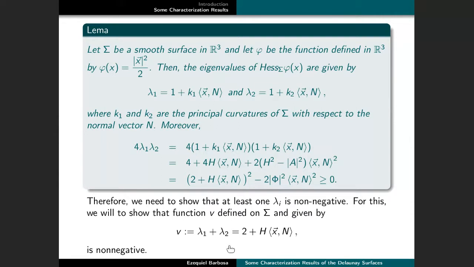We can assume without loss of generality it is a positive function. And then at least one of these eigenvalues should be positive, and then lambda 1 and lambda 2 have to be non-negative. And then the range of this function is non-negative. This function is a convex function.